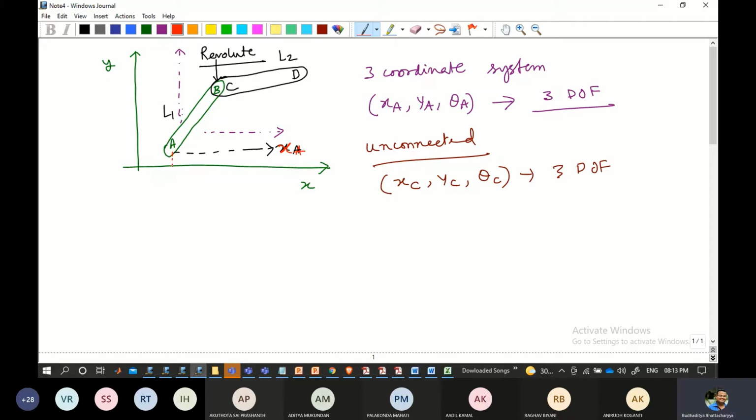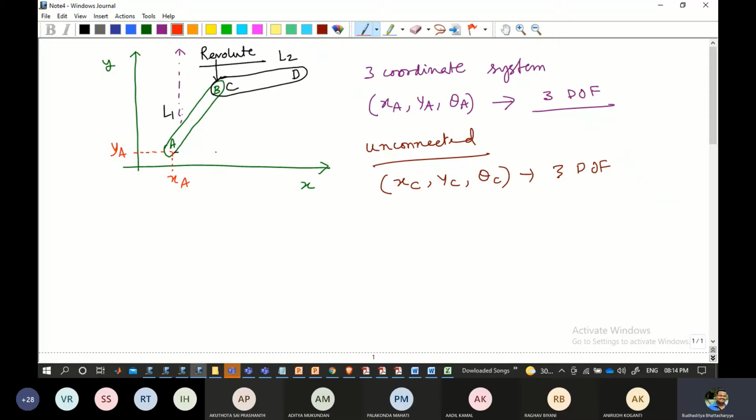Let me redraw it a little bit. So this is my structure. This is the position of A, so XA, and corresponding to it we would always have a YA.